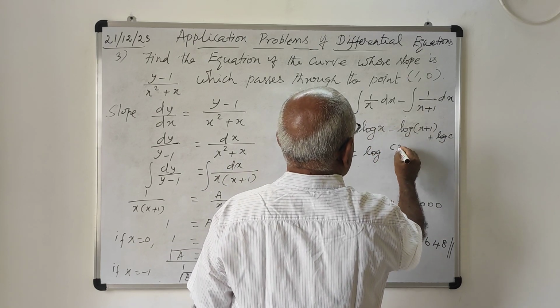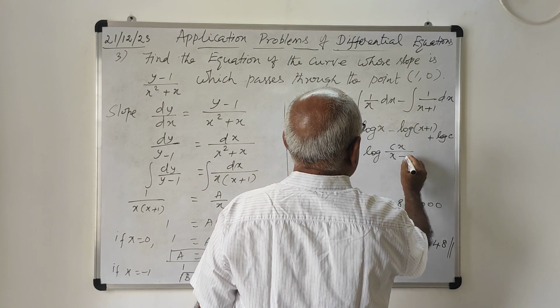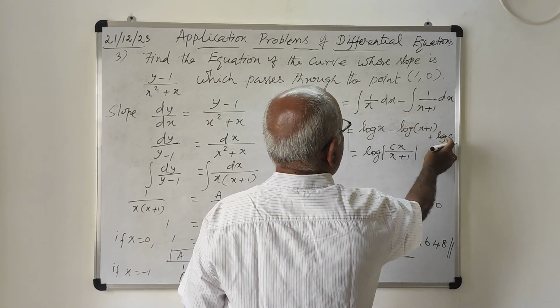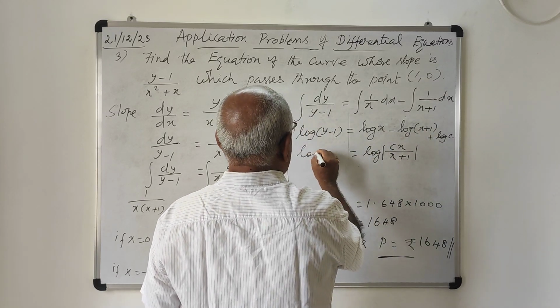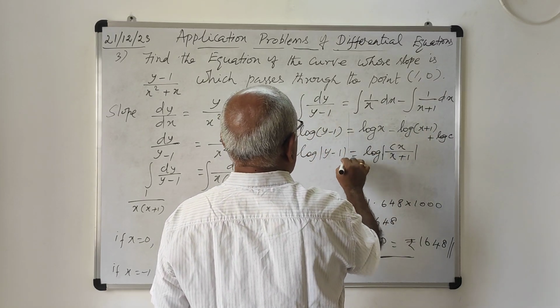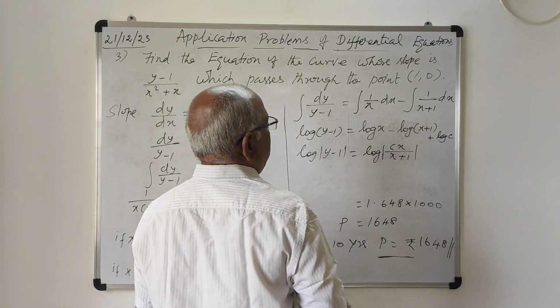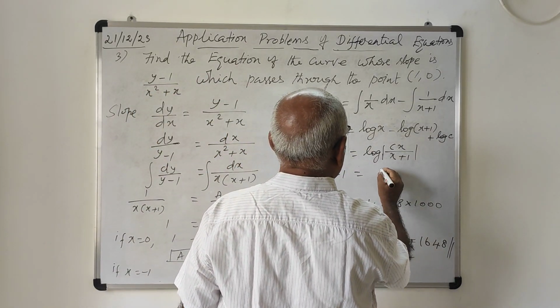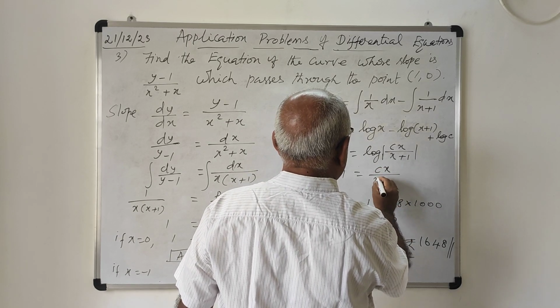The numerator is cx by (x plus 1). Here you get log of (y minus 1). Now eliminating the logarithm, you will get y minus 1 equals cx by (x plus 1).